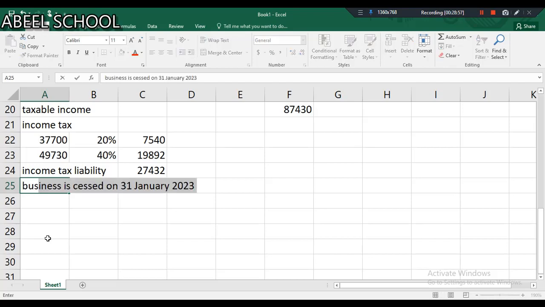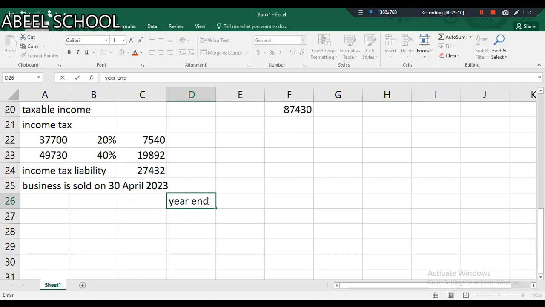So business is sold on 30th April 2023. Year ended 30th April 2022, and we will take year ended 30th April 2023.